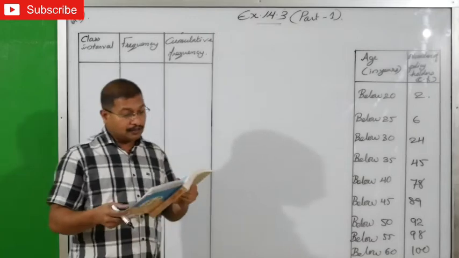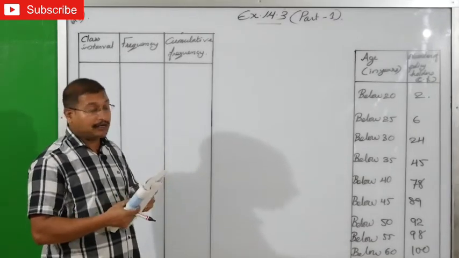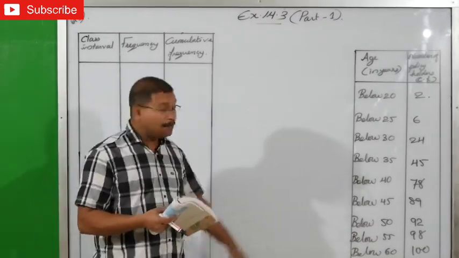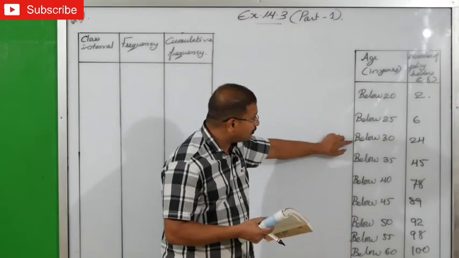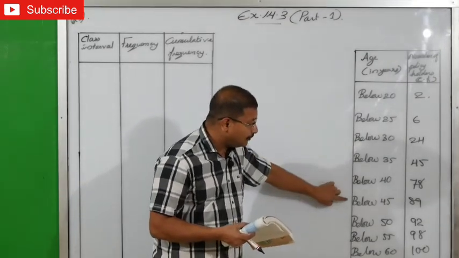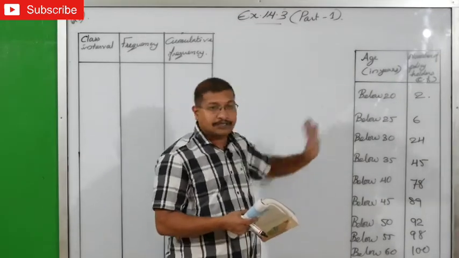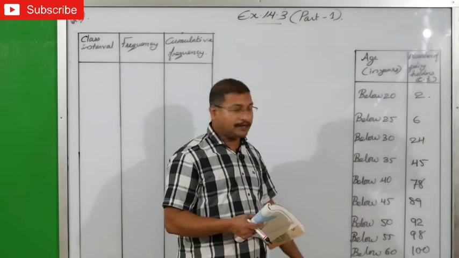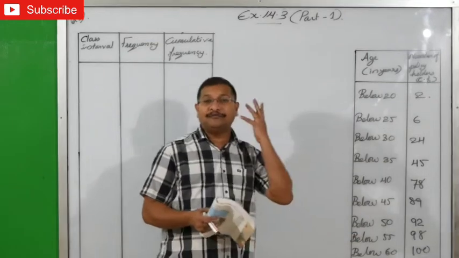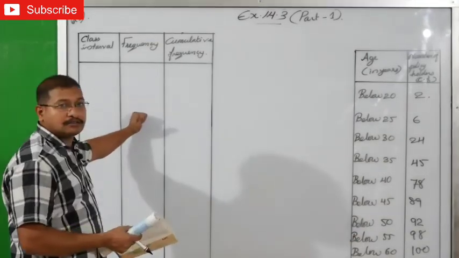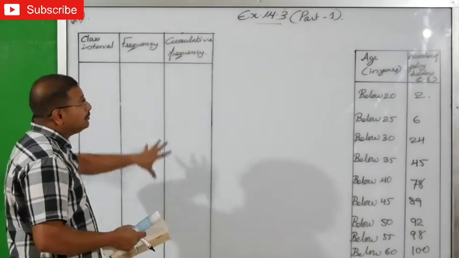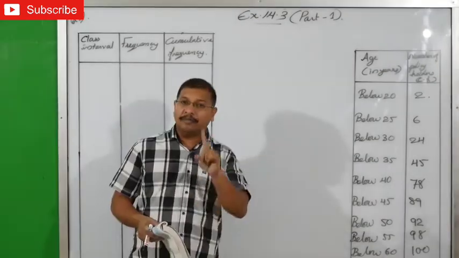The columns are given here: age in years, below 20, below 25, below 30, below 35, below 40, going to below 60, and the number of policy holders. From here, we first have to make the normal class and the frequency, and from there we will find the median age.